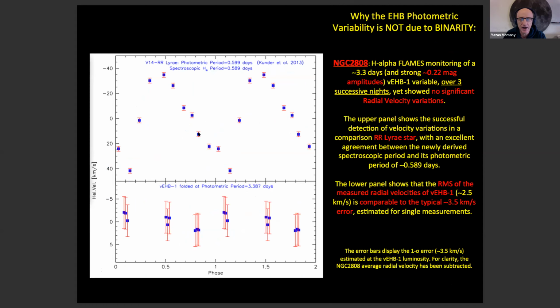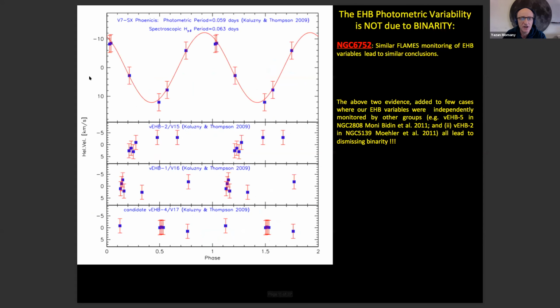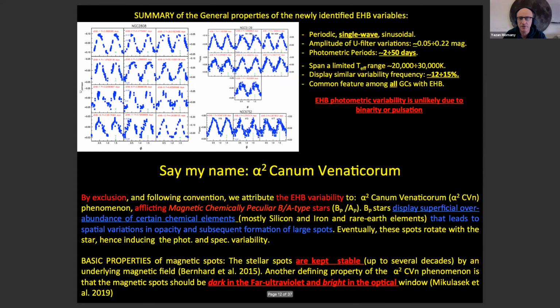This is an RR Lyrae just taken for comparison, to confirm the goodness of our results. We did it again for another cluster, and the result is basically the same. So we dismiss both binarity and pulsational properties.